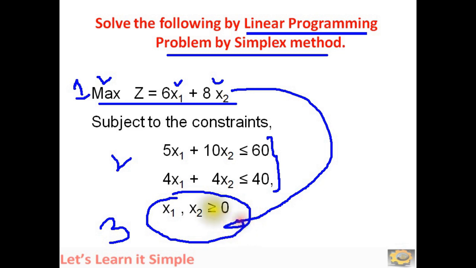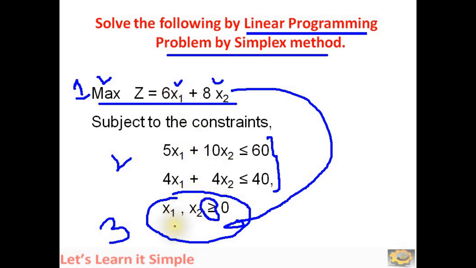This is very important in case of optimization or OR or LPP. Generally speaking, in case of optimization or OR problems, we will be getting some variables. These variables will be either 0 or positive. They can never be negative. In that way, it is called non-negative. So the objective function depends on two variables x1, x2.